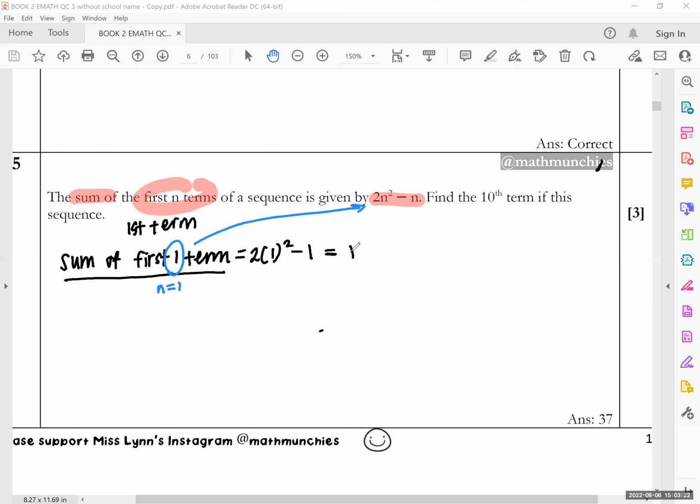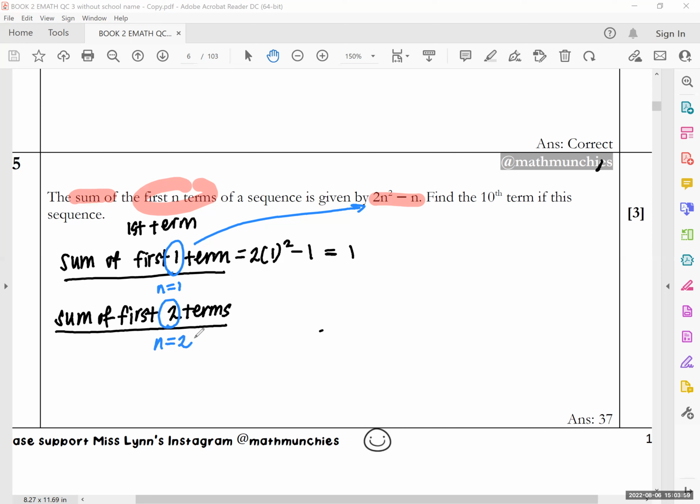All right, now let's move on. What is the next one? After the sum of the first one term, the next one we'll write will be the sum of the first two terms. That means my n value will be 2.